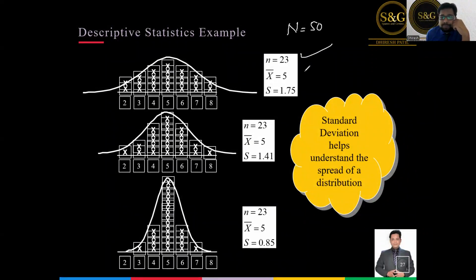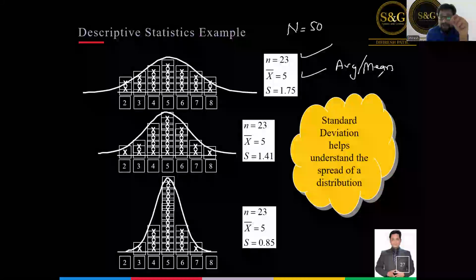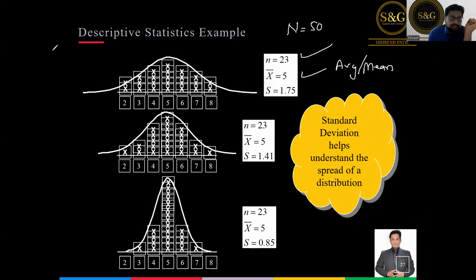What is X bar? X bar is nothing but the average or the mean. X bar is generally used for the average of the sample. Let's look at sample and population, which we have seen.